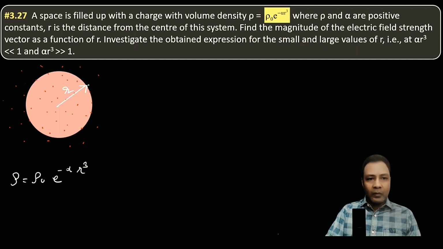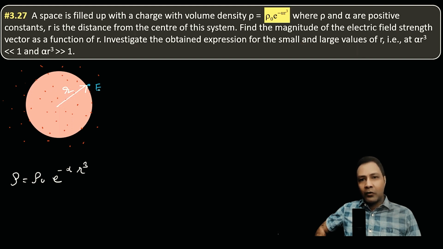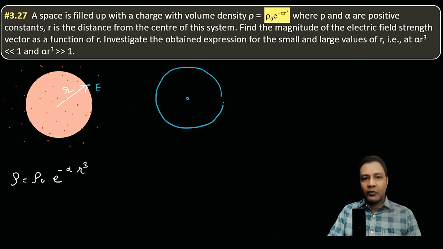I think in the previous question I also told that if the charge distribution is spherically symmetric, meaning it depends only on r, not on theta, then to find the electric field at any general point, make a sphere of radius r whose center is at the center of charge.